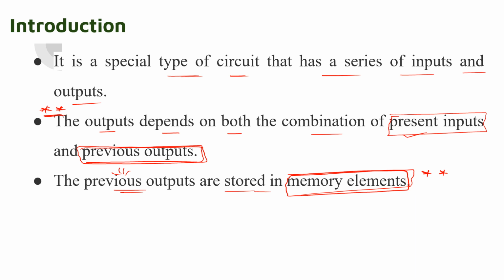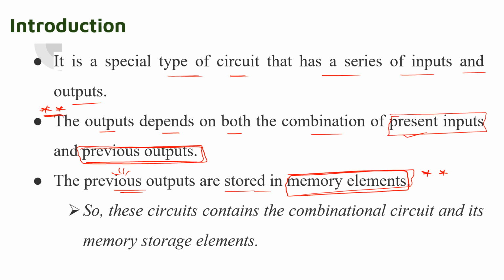So from now on, our sequential circuits consist of memory elements. These circuits contain the combinational circuit and its memory storage elements. That is the conclusion here.